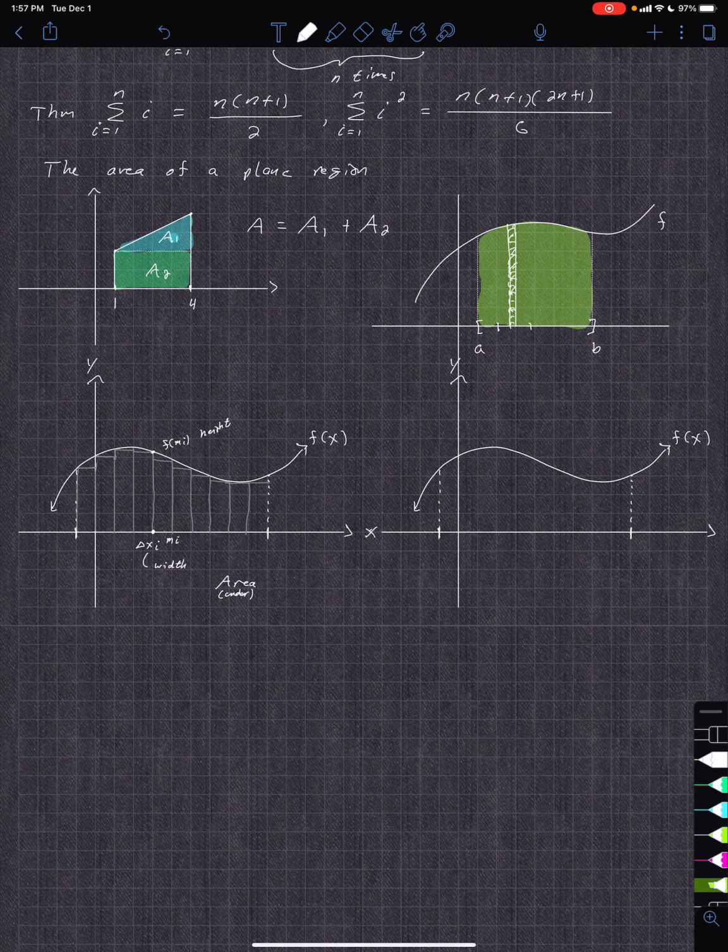And for this one, on the right side, we're going to look at rectangles that go above everything. So we're going to go up to here, like this, and then up to here, and over here, like that.